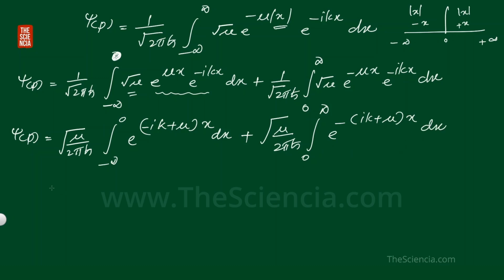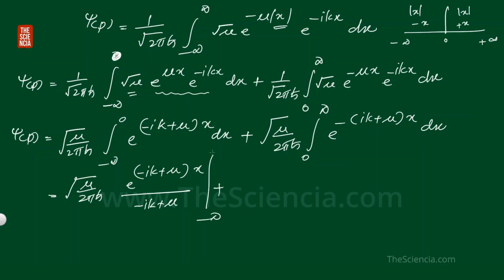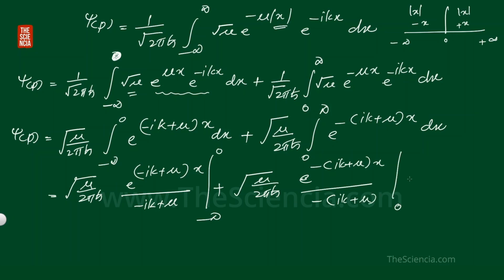Now we can do the integration. That is, root mu by 2 pi h cross, the integral of this term is e raised to minus ik plus mu x by minus ik plus mu, with limits minus infinity to 0, plus root mu by 2 pi h cross, e raised to minus ik plus mu x by minus ik plus mu, with limits 0 to infinity.